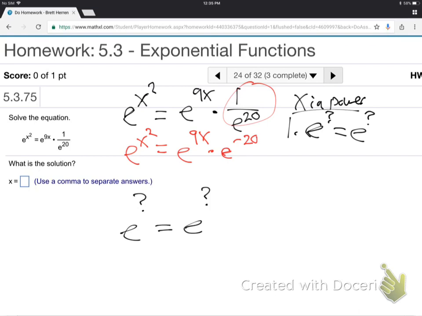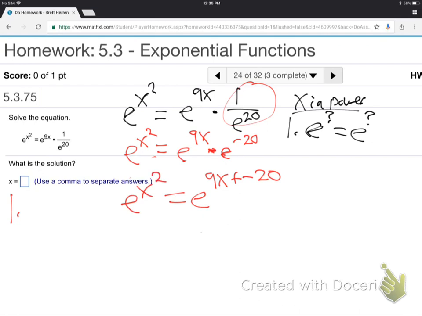And then, okay, so what? Well, next step, what do you do? Same bases multiplied. Remember the rule? Same bases multiplied, powers add. I'm running out of room there. Let me move it down. Same bases multiplied. Those powers are going to add, aren't they? 9x plus negative 20, which really just means 9x minus 20. You don't need plus or minus.